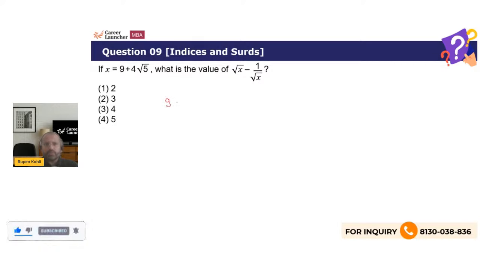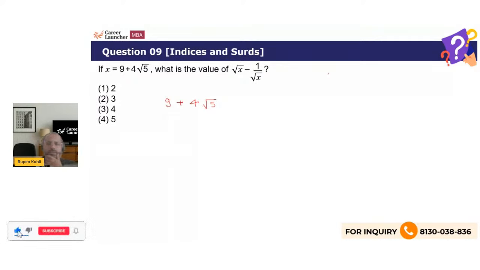9 plus 4 root 5, you are trying to take its square root. So the idea is to express it in a way that it looks as if it's a perfect square. So if you have a surd like this, it can only be a perfect square of a number in the form of another surd. So maybe a plus root b kind of number, the square of that can lead to again a surd in this form.